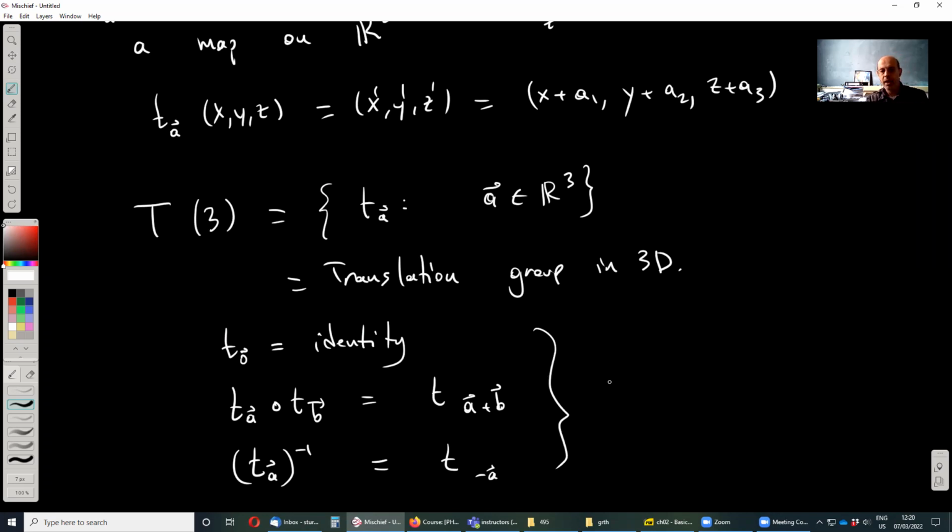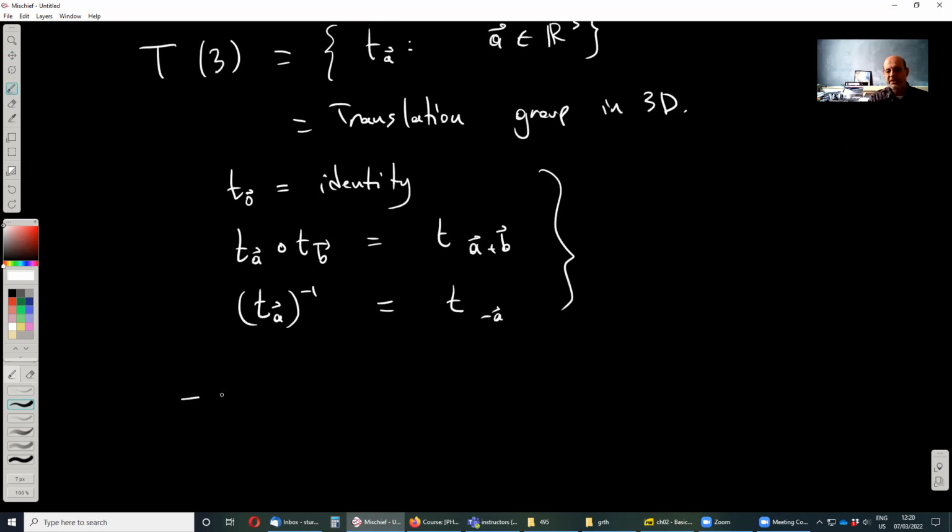Okay. So in that case, the group operation is the function composition, but you can see that this group is essentially the same as the group of the real 3-dimensional space together with addition. You can think of it as a vector space in 3 dimensions together with addition.